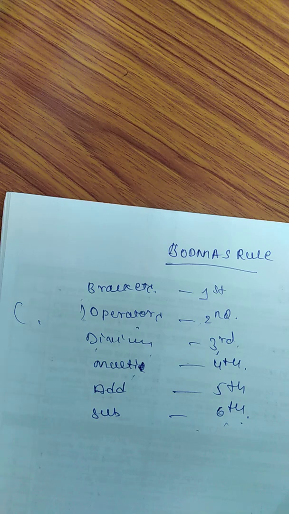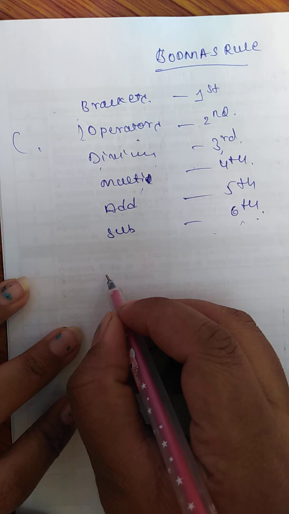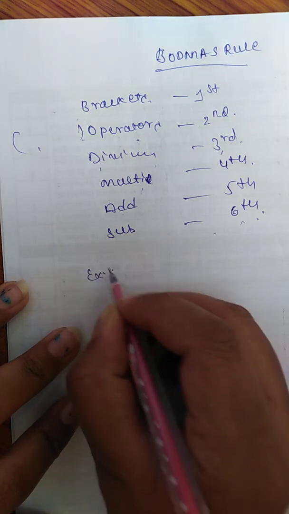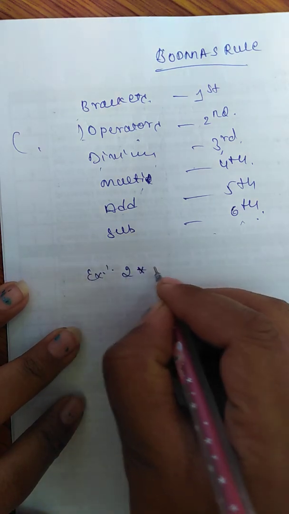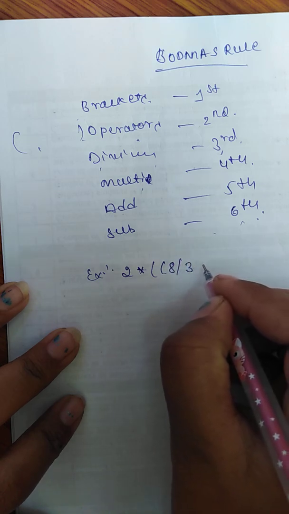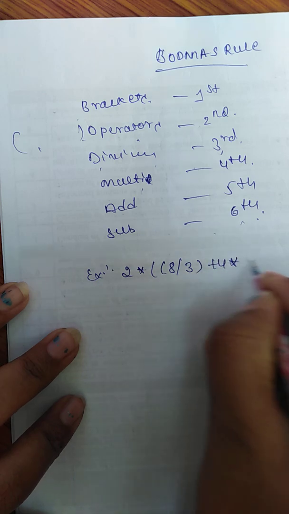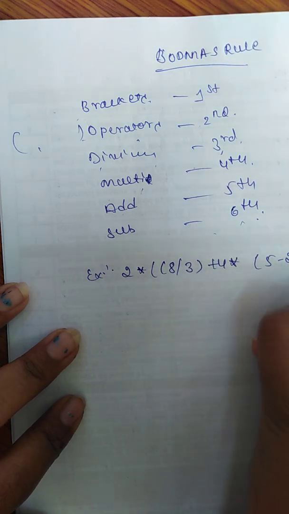Let's see one example. I will explain how we can represent the value. Now I will take one example: 2 into bracket, bracket 8 divided by 3, plus 4 star 5 minus 2.